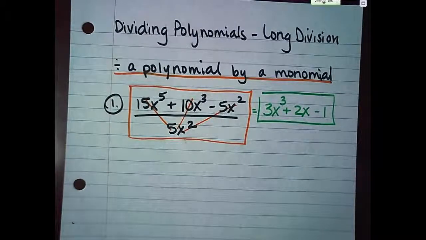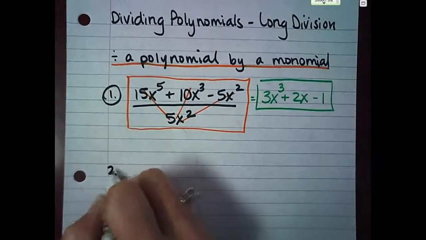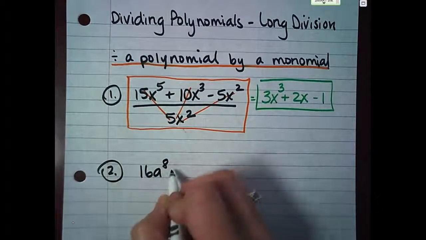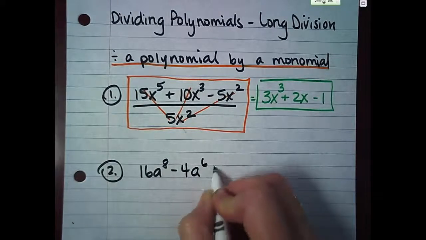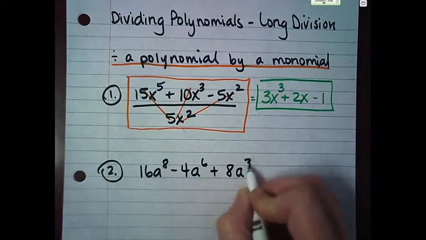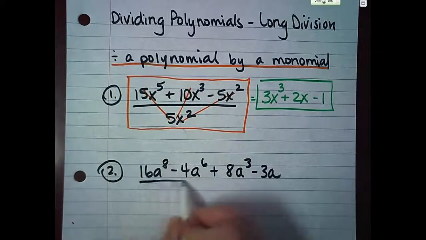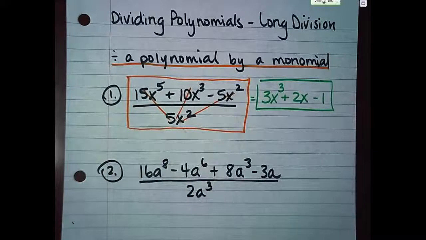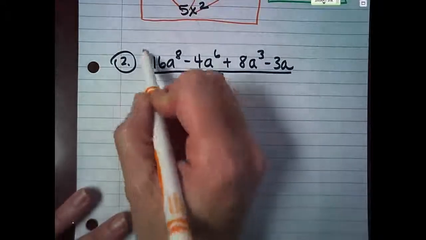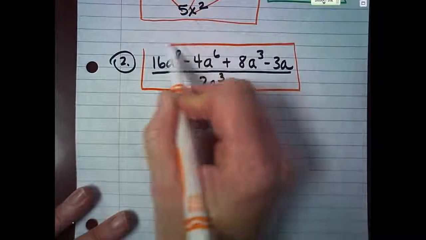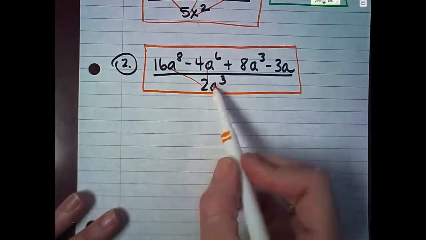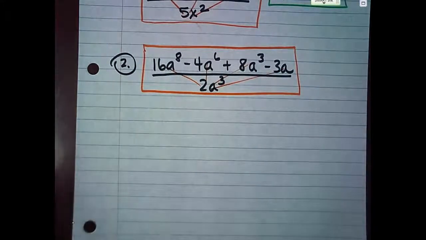Okay, number 2. It's 16a to the 8th minus 4a to the 6th power plus 8a cubed minus 3a all over 2a cubed. The same concept. You're going to apply it to each one. In other words, you're simplifying.